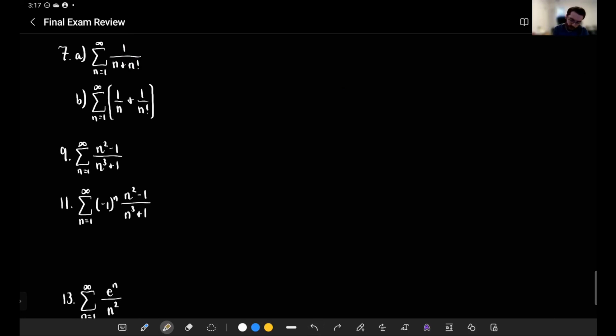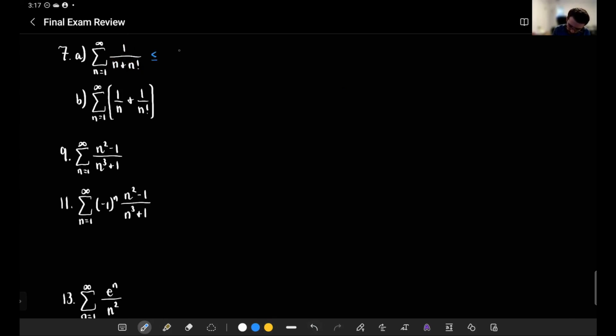And after staring at it for a while, you might come to the conclusion that, well, if I focus on 1 over n factorial, and I'm adding something positive to the denominator, then the denominator is bigger, which makes the whole fraction smaller. So actually, you can get away with a direct comparison here.